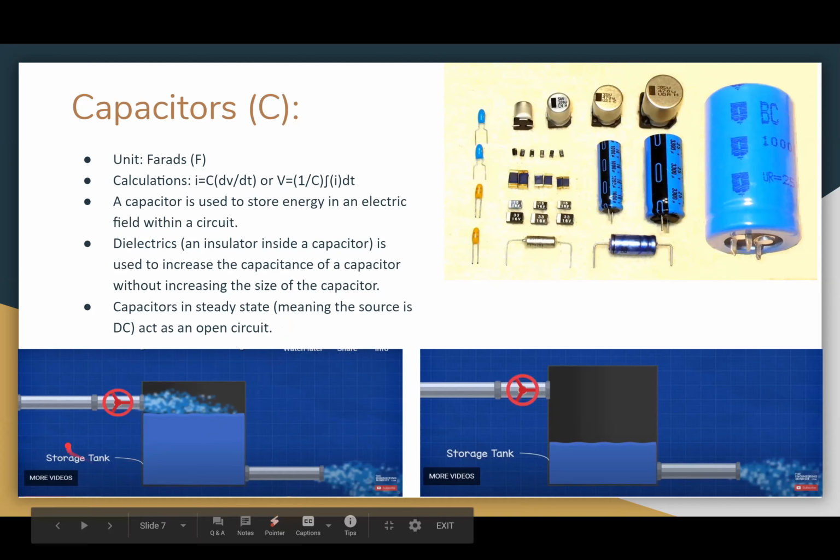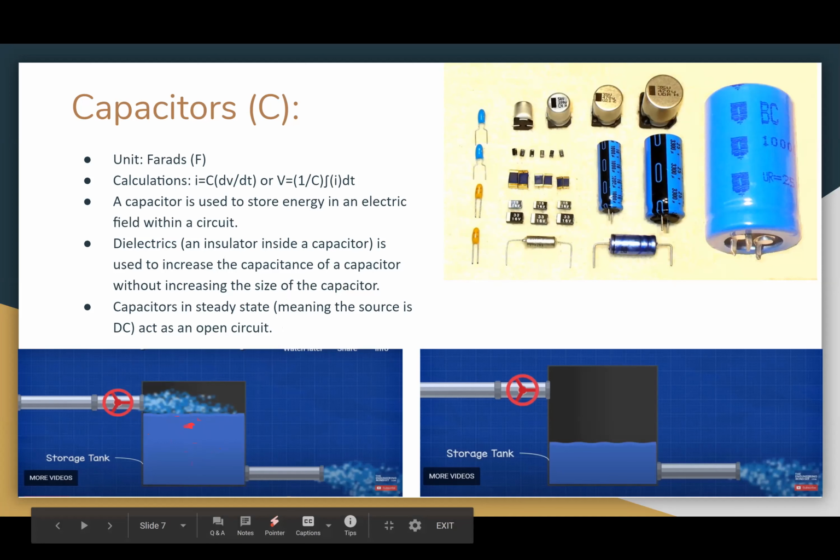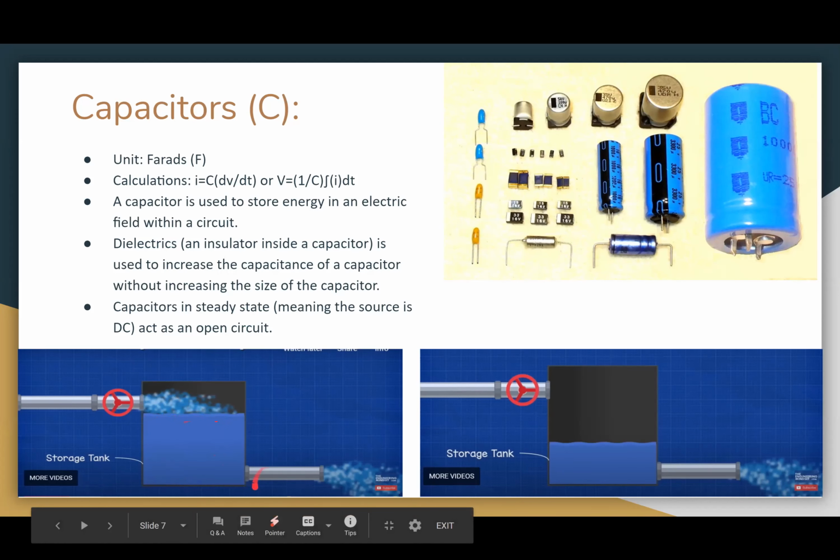Now if we take a look at the water analogy, we're going to use this water valve as our voltage. The water is still going to be our current, but this storage container is going to be our capacitor. When the voltage is on, or the valve is turned on, it pours water in here and dissipates at the end of this piping.